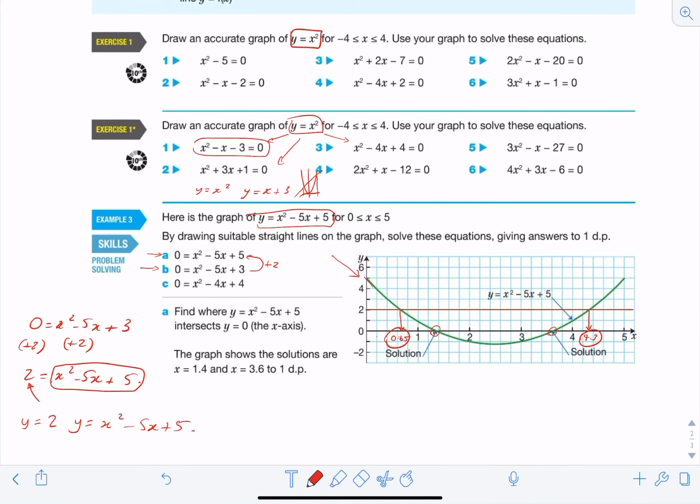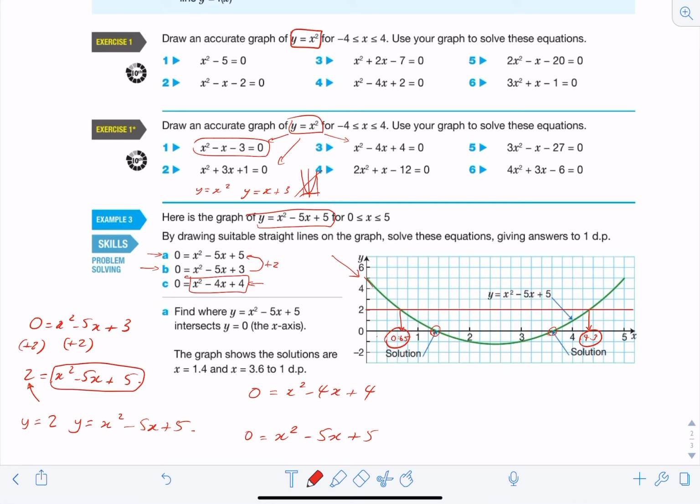So I was just going to do this last one here as well. Now, we're almost there, but we've got x squared minus 4x plus 4. I'm going to write that down, x squared minus 4x plus 4, and I want to get to 0 equals x squared minus 5x plus 5.